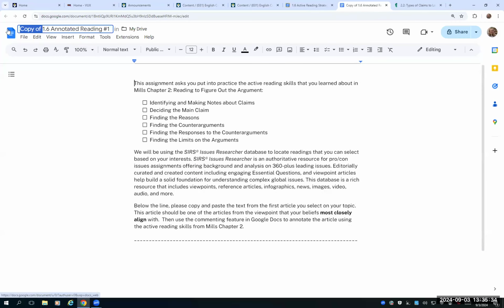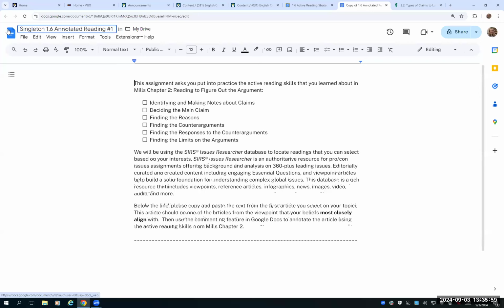All you have to do is click on it. This tool will actually name the file for you, so you don't have to worry about naming it. If you've not used Google Docs in the past, it automatically saves things for you as you work, so you never have to worry, did I click save? Am I going to lose what I just put in? It'll automatically save.